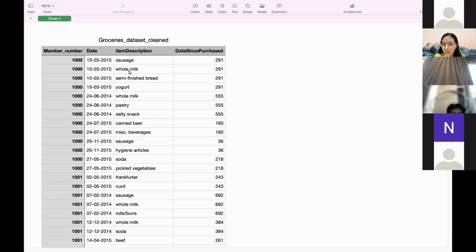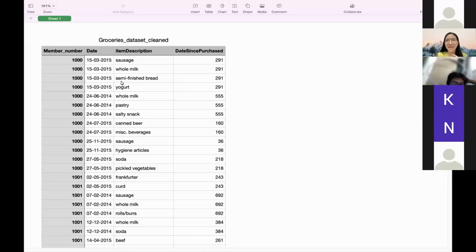The 4th column is what I computed myself. The data set ends around the end of 2015, so I calculated how many days before the last date in the data each transaction happened. So this customer on the 15th of March 2015 bought 4 things.